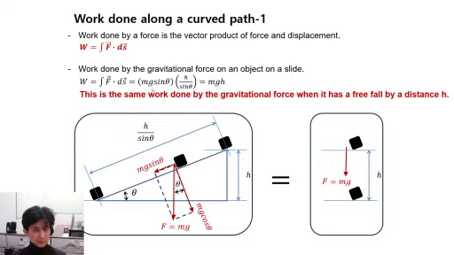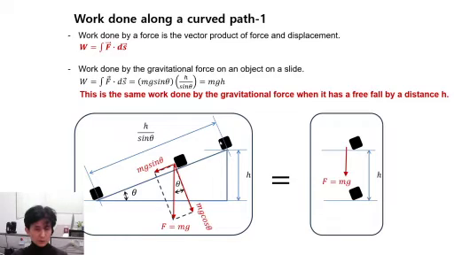If we multiply the force, mg sine theta, which is the force acting on this object along the slide in its moving direction, times the distance traveled, h over sine theta, sine theta cancels out, and the work done by the gravitational force from one point to the other is nothing but mg, the force, times the height difference between these two positions.